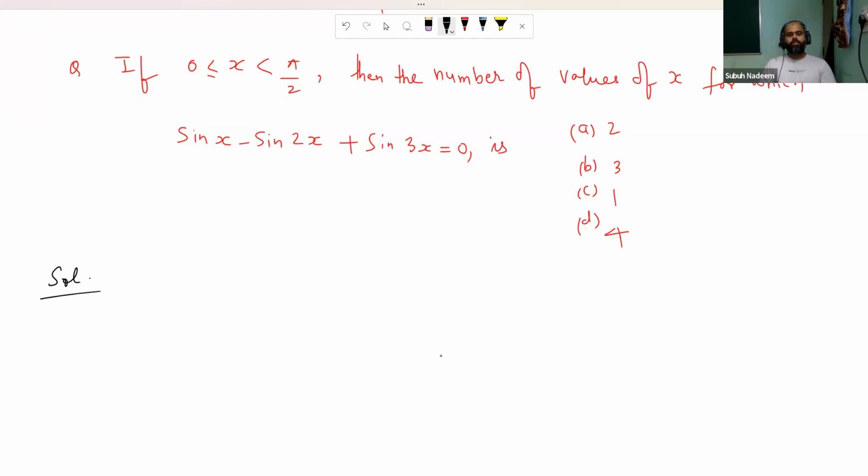Sir, can we add all of them? How can you add? You first do one thing. Take sine x plus sine 3x and apply the formula of sine C plus sine D, and keep minus sine 2x as it is.